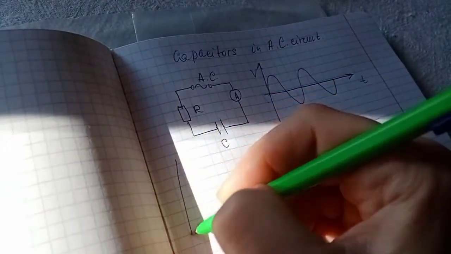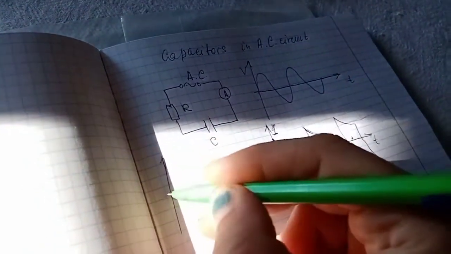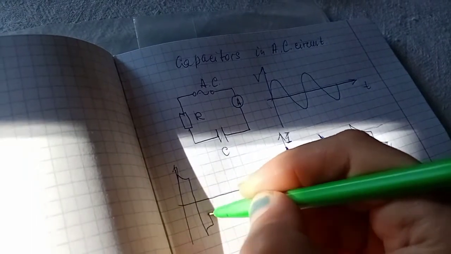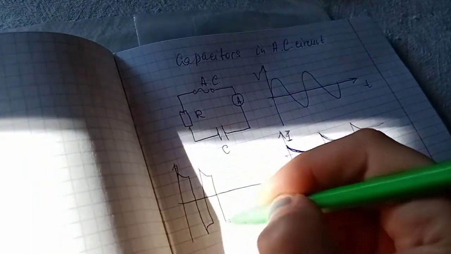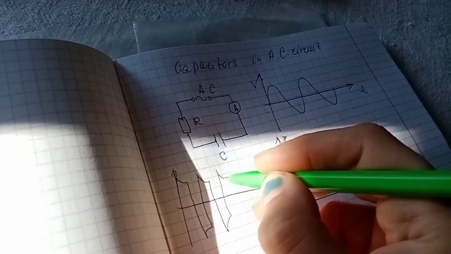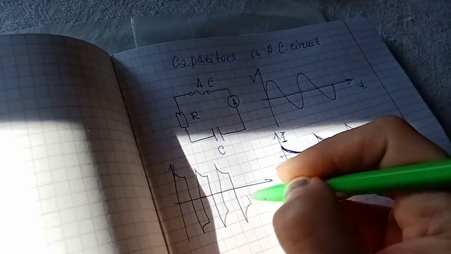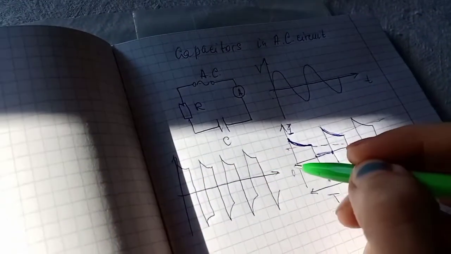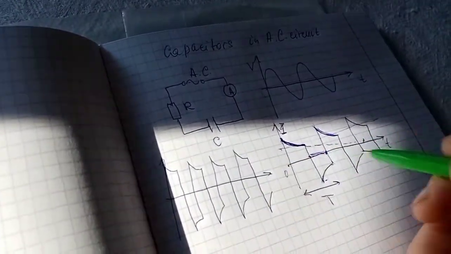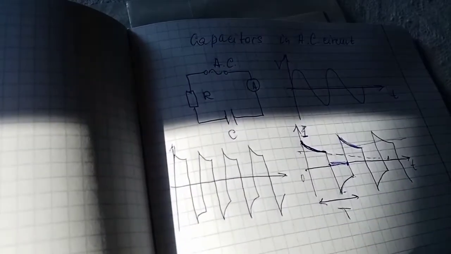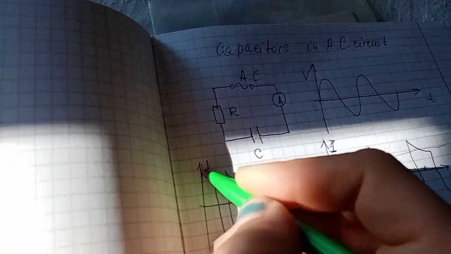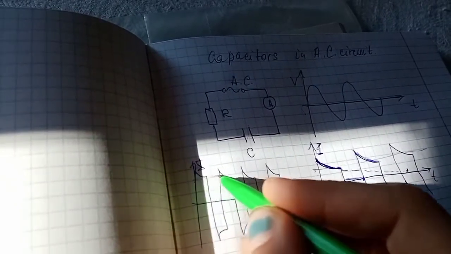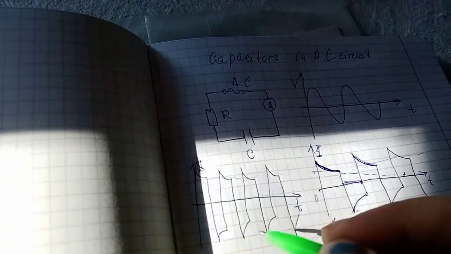So we can see a situation when we have current more often. That means we have shorter periods of time and higher frequencies, in comparison with the previous plot. Here is current, here is time. The average current will be higher here.